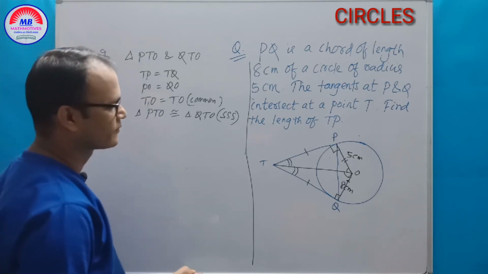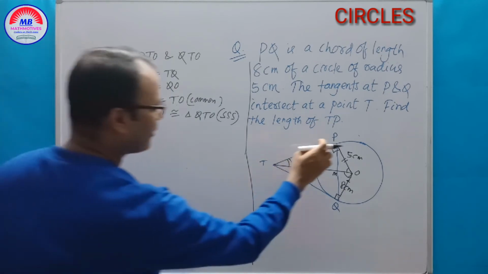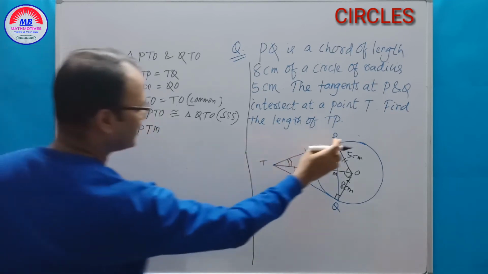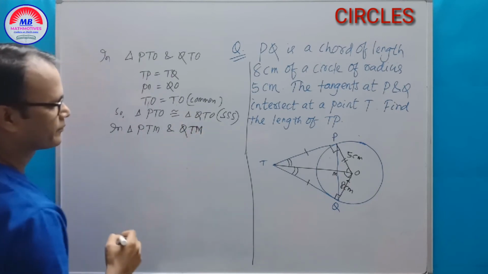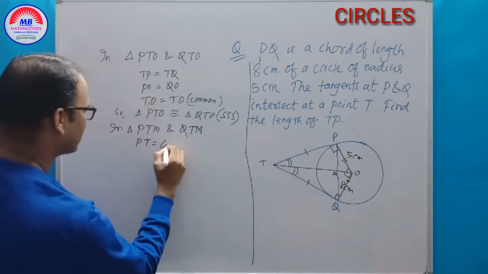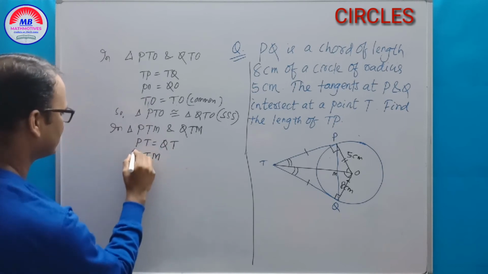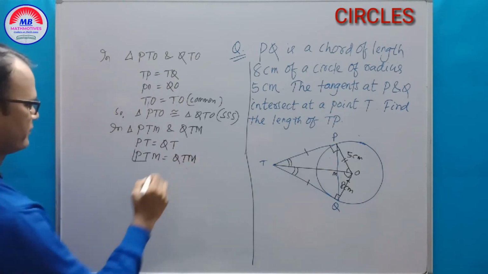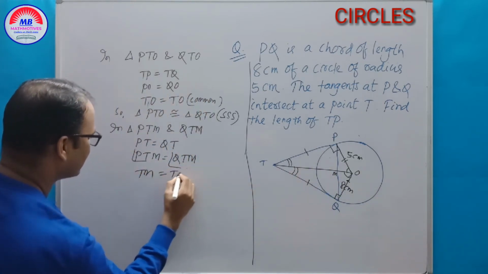Now you see, let the point be M. Now in triangles PTM and QTM, PT is equal to QT, angle PTM is equal to angle QTM, and TM is common, TM equal to TM.